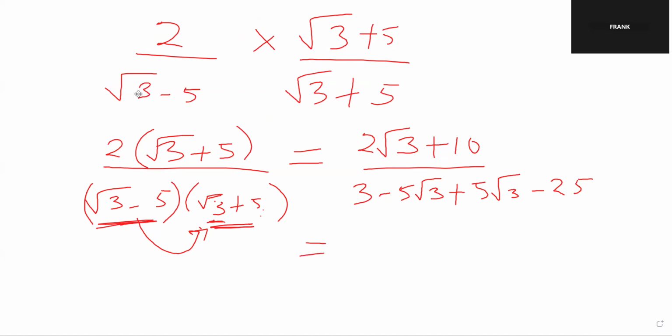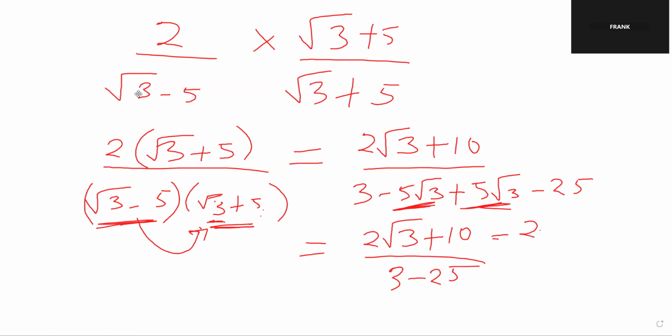So if you proceed, you're going to have 2 root 3 plus 10 all out of. If you have negative 5 root 3 plus 5 root 3, that goes to 0. Next 5 plus 5 is 0, next 2 plus 2 is 0, next 10 plus 10 is 0. So a negative number plus itself is always 0. I'm going to have 3 minus 25.